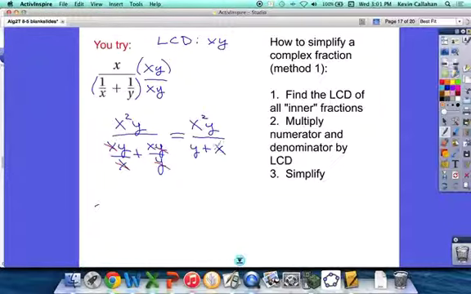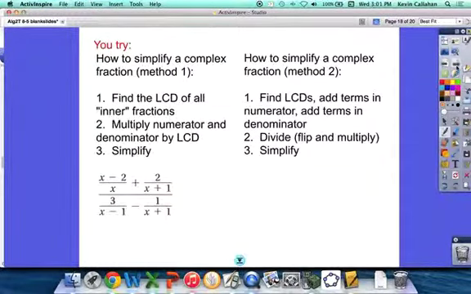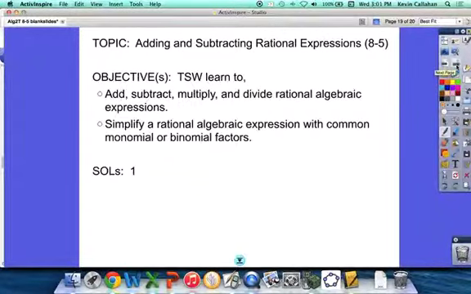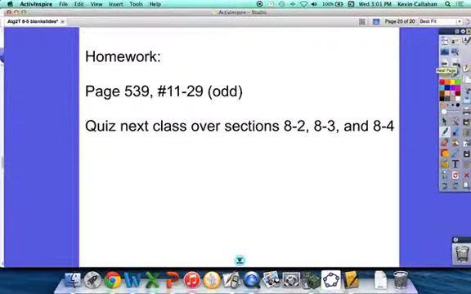So I will add this myself later, so don't worry about this one, okay? Did everybody finish with that? Okay. I'll add that to the video and to the notes if you want to look at it. The homework is going to be this page, quiz next class over 8.2, 8.3, and 8.4. Go back and look at what we did for those.